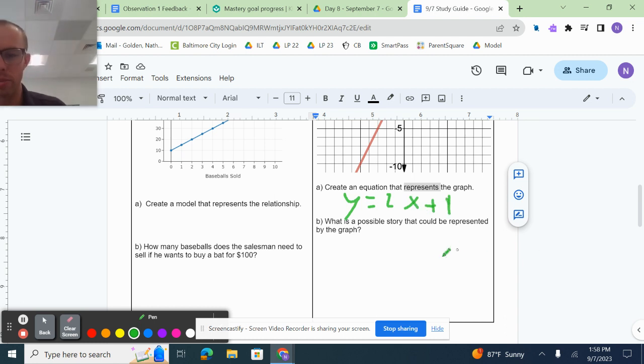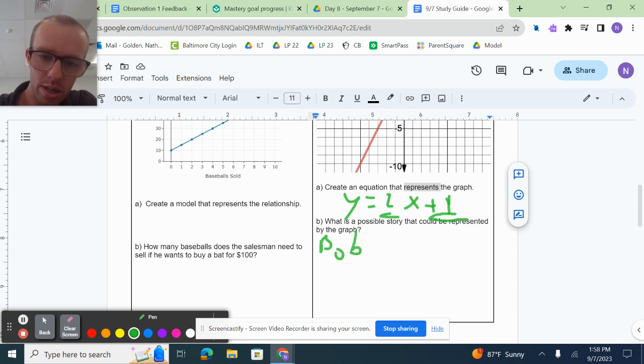So I said, what is a possible story that could be represented by this graph? Again, it takes understanding what a linear function is. A linear function has a beginning and a rate of change. And so this begins at positive 1, and it's changing by 2. So any story could work here. I could say, Bob has $1.